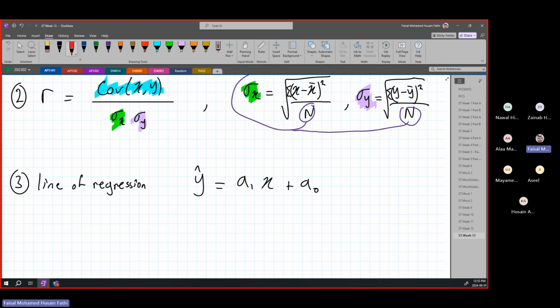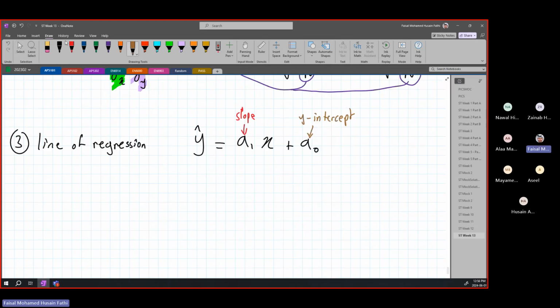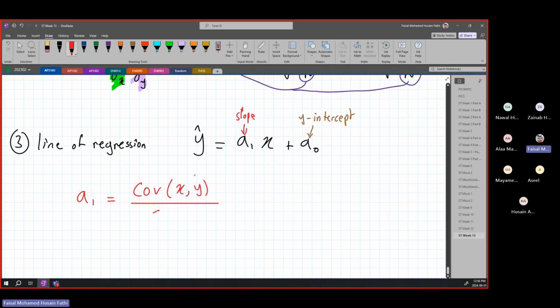This is your slope, keep that in mind, and this is your intercept, your y-intercept. a1 is equal to, since we have our covariance already, covariance xy divided by the standard deviation squared, in other words the variance, so sigma x squared.